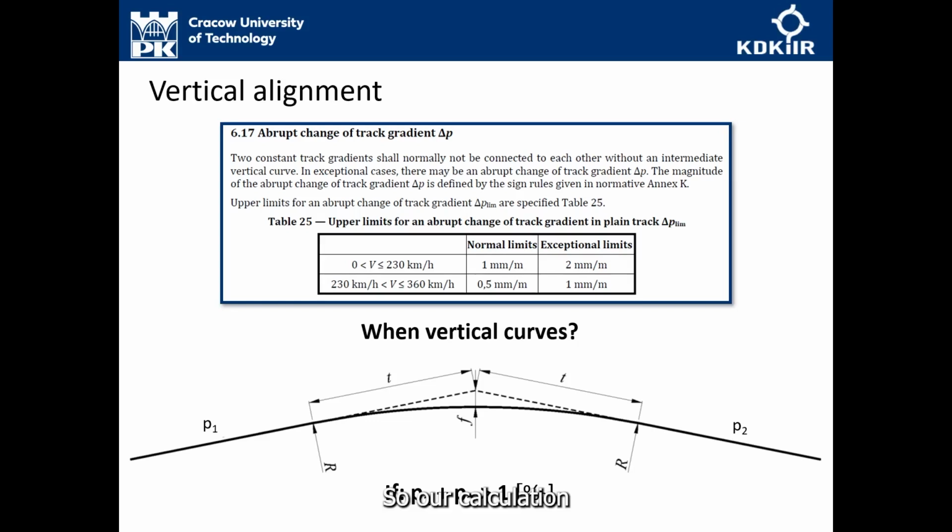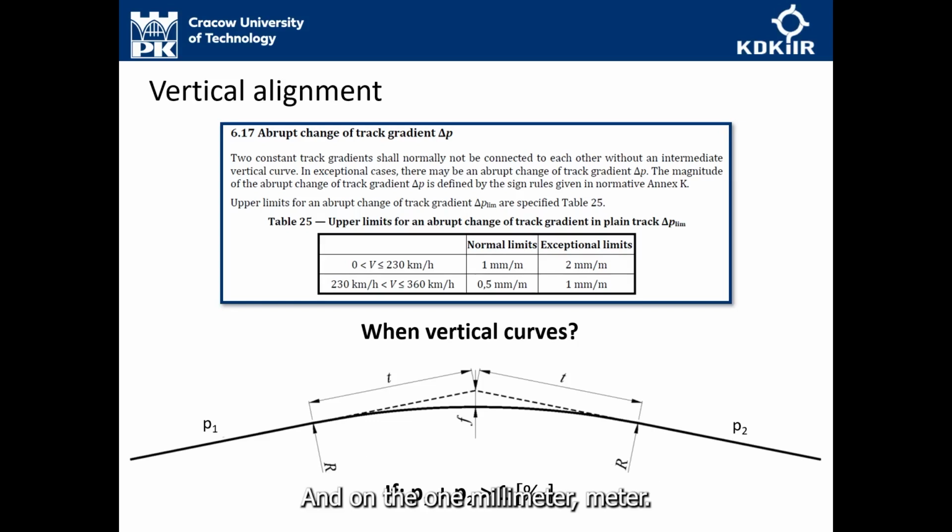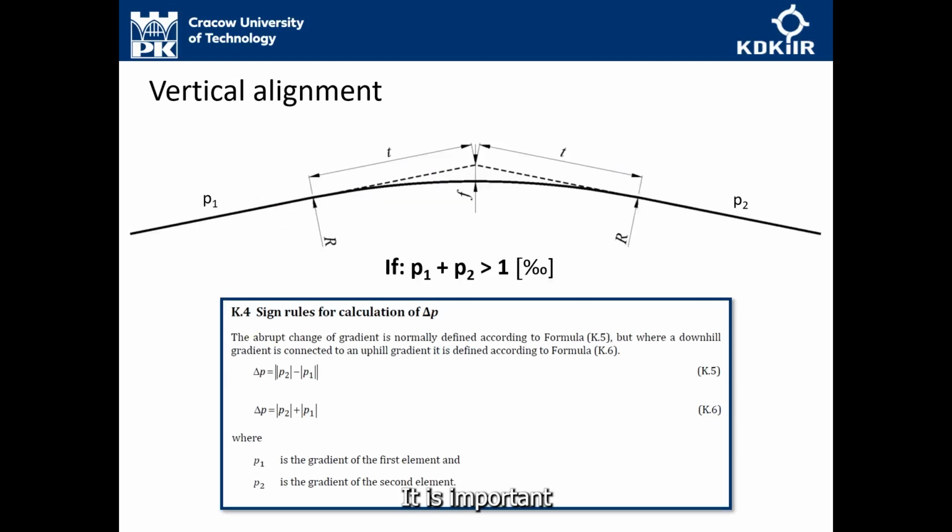So our calculations lead to the fact that we simply have to determine when the difference between the two nearby track gradients is greater than 1 millimeter per meter. It is important to remember that we have concave and convex arches, and depending on that, we have certain sign rules. If we have a downhill gradient connected to an uphill gradient, then we use formula 6.